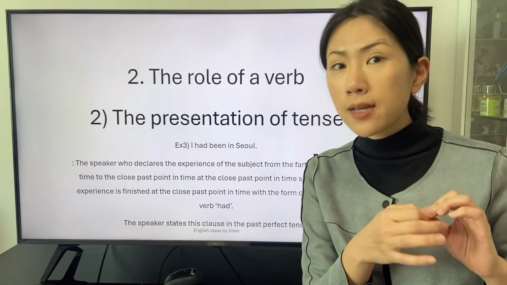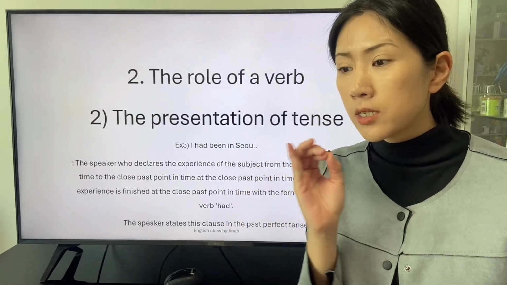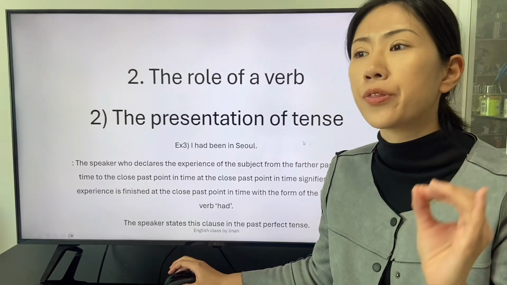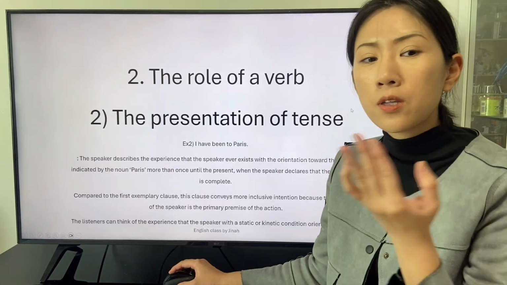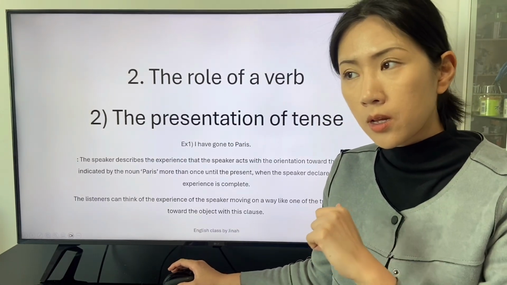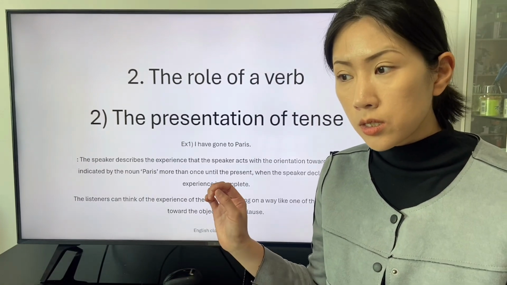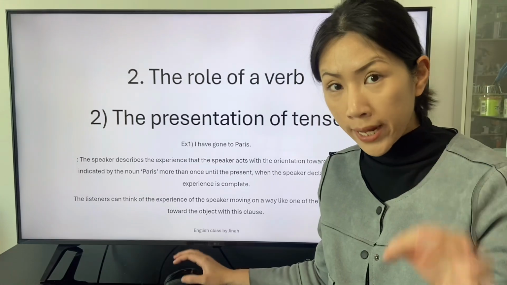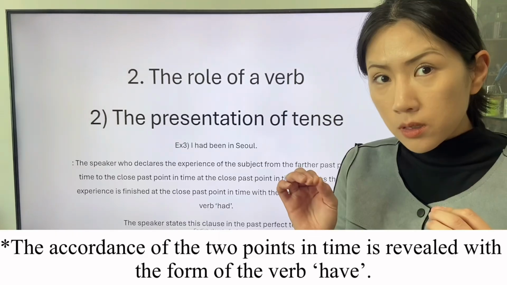The point in time that the speaker declares the experience is complete is revealed with the intransitive verb had. The first and second exemplary clauses are declared by the speaker at the present when the conversation with the speaker happens.